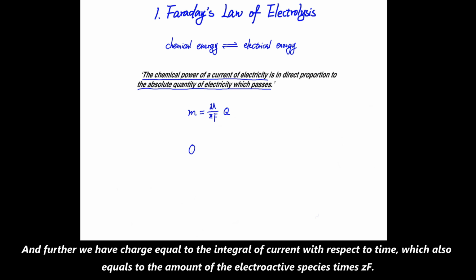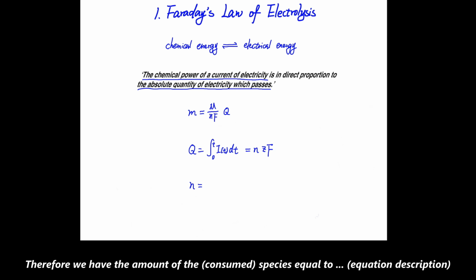And further, we have charge equal to the integral of current with respect to time, which also equals the amount of the electroactive species times Z and F, and therefore we have the amount of species equal to 1 over ZF times the integral of the current with respect to time.